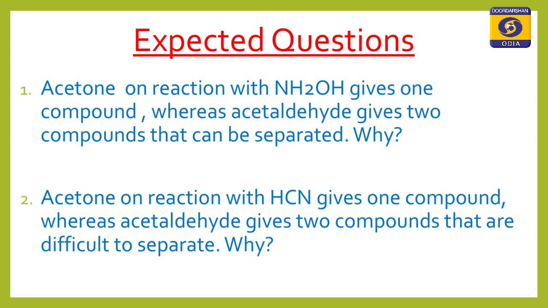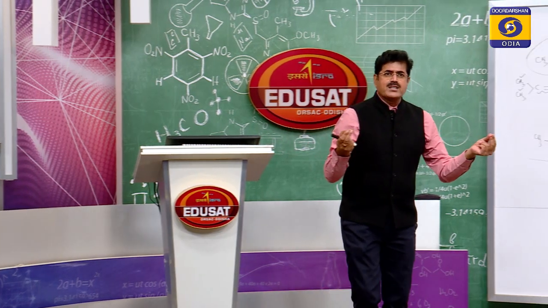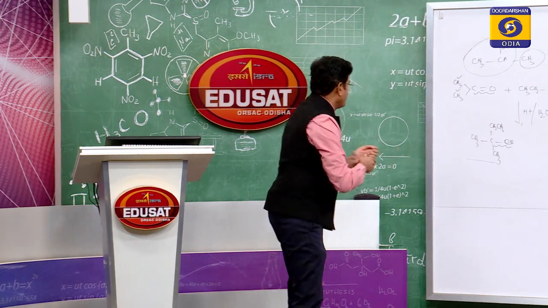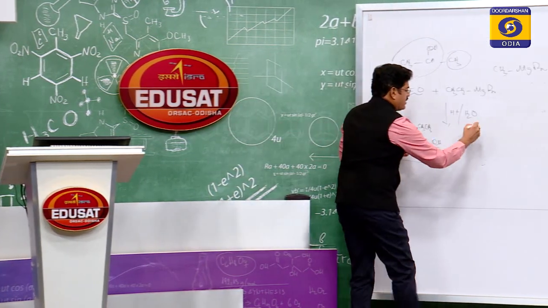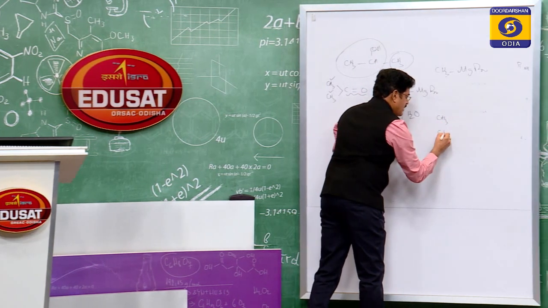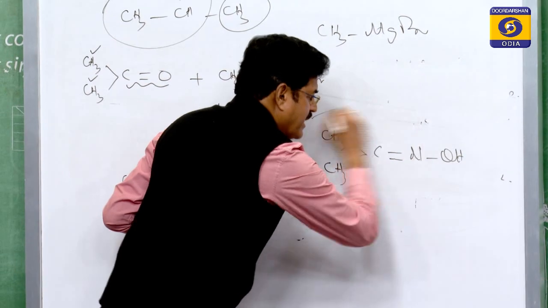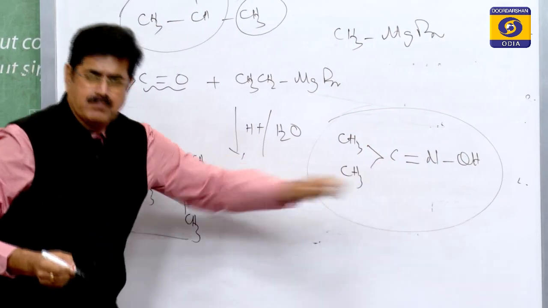Acetone on reaction with hydroxylamine gives 1 compound, whereas acetaldehyde gives 2 compounds that can be separated. See, acetone on reaction with hydroxylamine, what is the compound? Let me show that here. You see, this is the compound with hydroxylamine, acetone oxime.